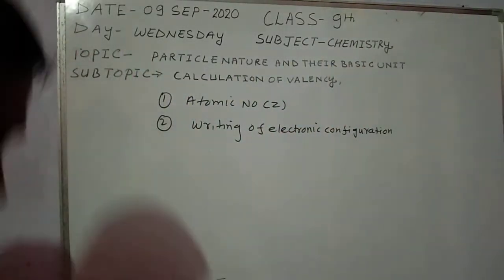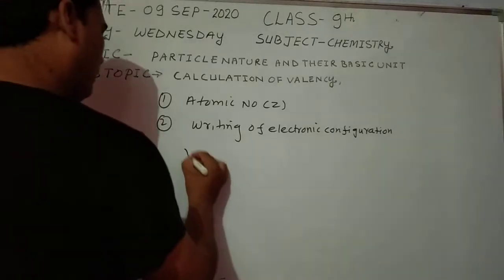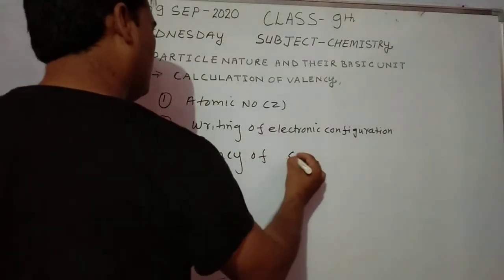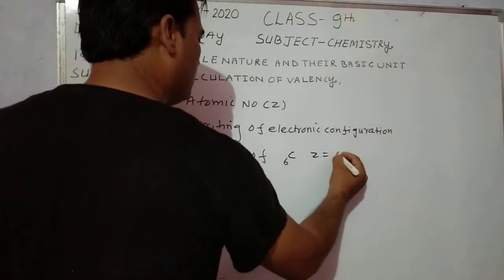Next example, that is valency of carbon. Atomic number of carbon is 6.